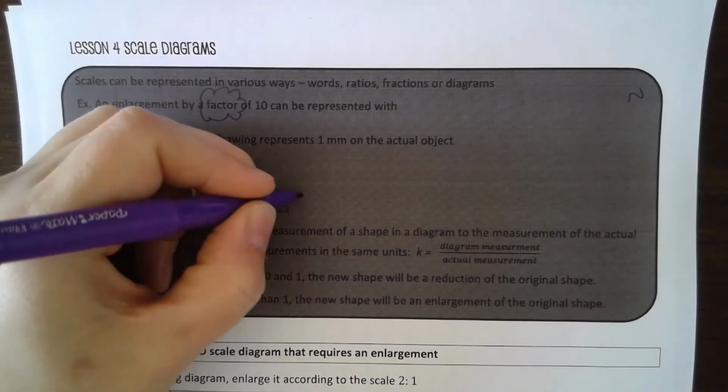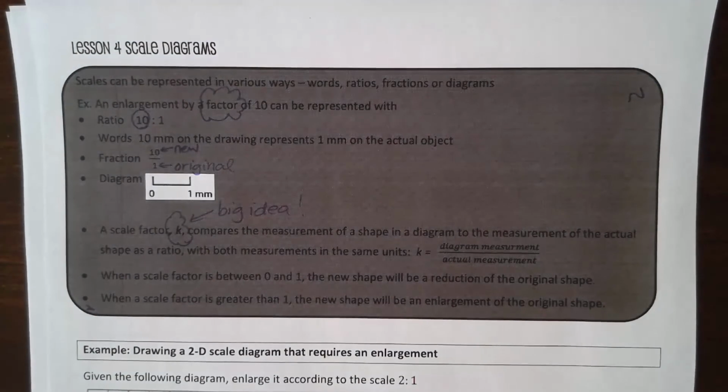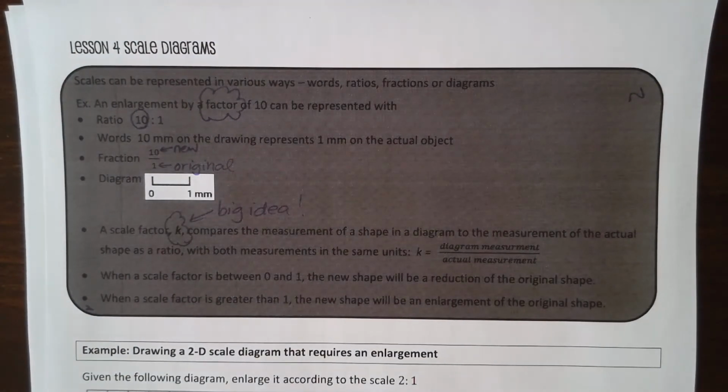We are going to spend pretty much the rest of the unit looking at K, right? And K is that factor that compares the measurement of a shape in the diagram to the measurement of the actual object. And again, it expresses it either as a ratio or fraction or words, etc.